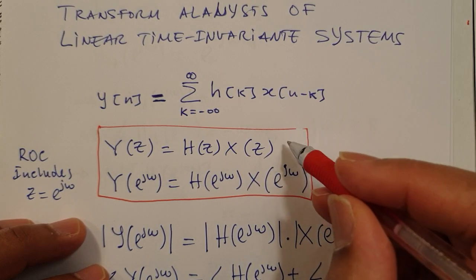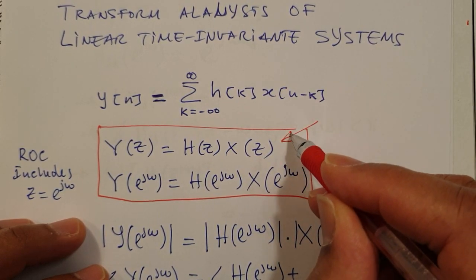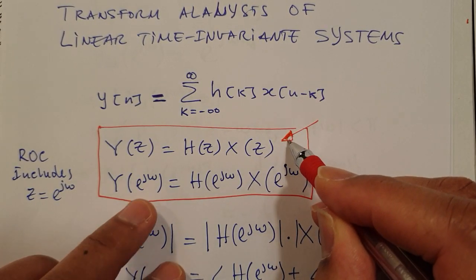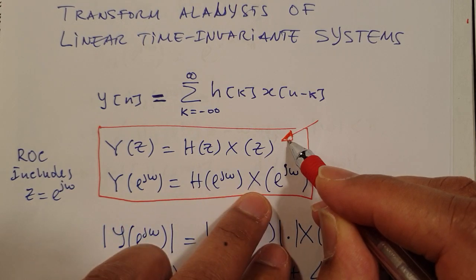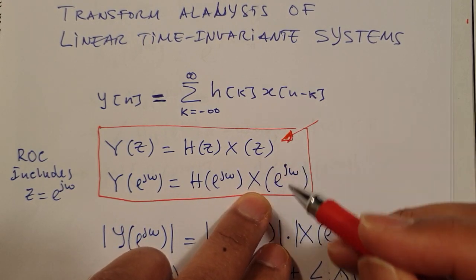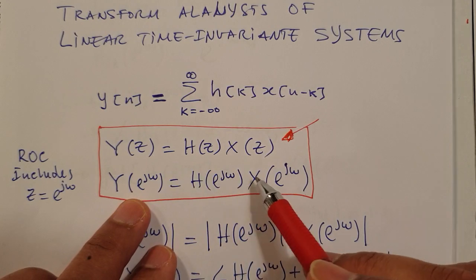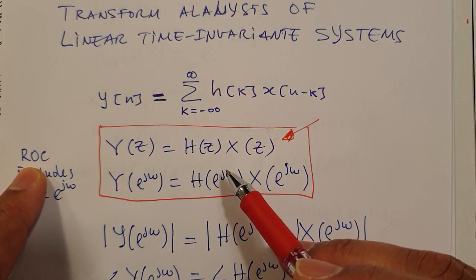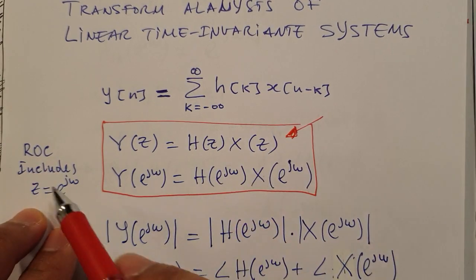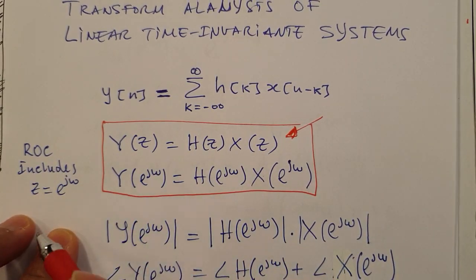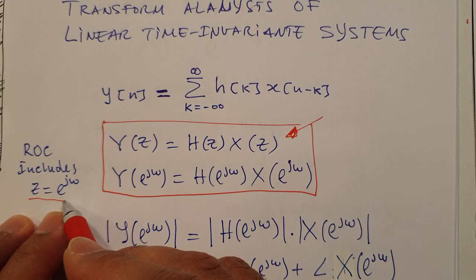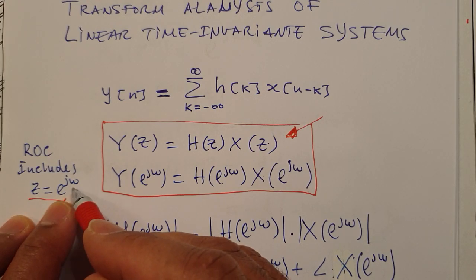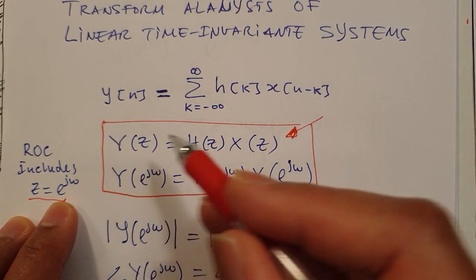So now we try to make a connection with the Z-transform with this representation here in the Fourier transform domain. This will be possible only if the region of convergence of the system, see here, includes z equals e to the j omega, which means the unit circle.